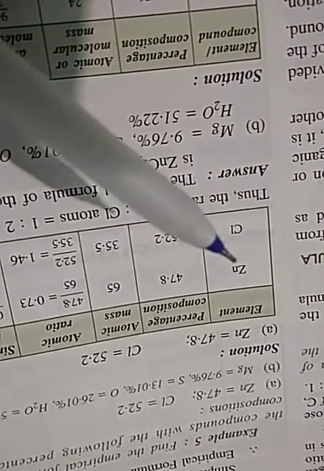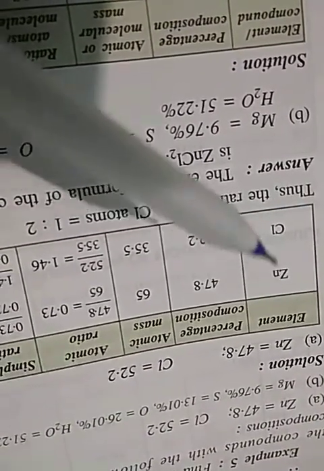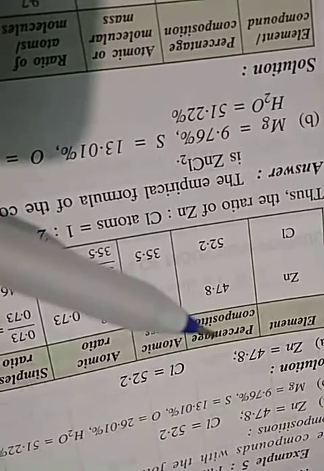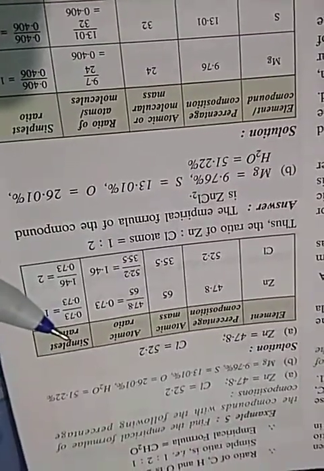So this 1 stands for zinc, and 2 stands for chlorine. So the first column will be the name of elements, then the percentage composition of each element, then atomic mass, then atomic ratio. Atomic ratio is percentage divided by atomic mass, the fourth column. Then the last column will be the simplest ratio.